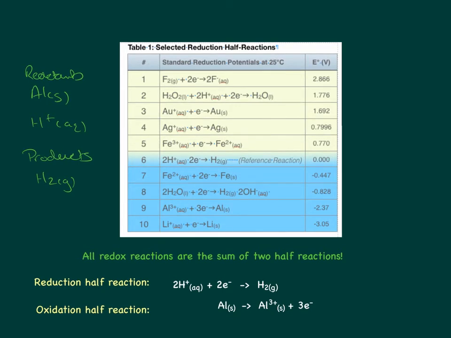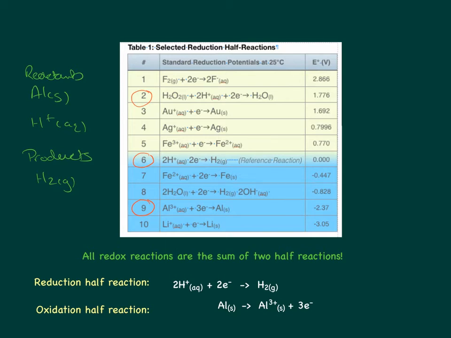So with the reactants and products identified, you go to the table of standard reduction reactions to find reactions involving your reactants and products. In this table, we see that the only reaction involving aluminum is reaction 9, but there are actually two choices for reactions involving H+, reaction 2 and reaction 6.